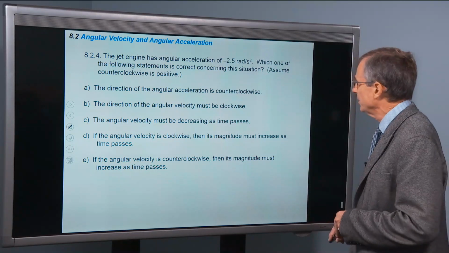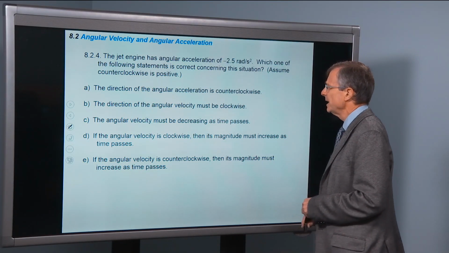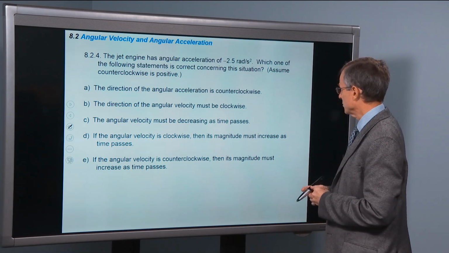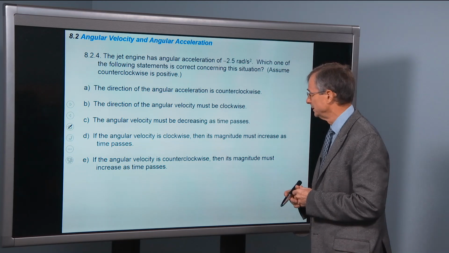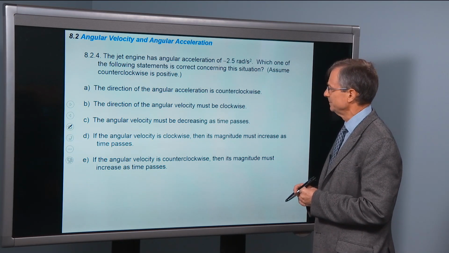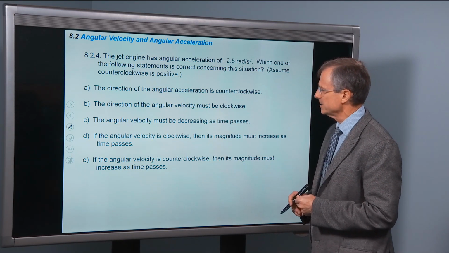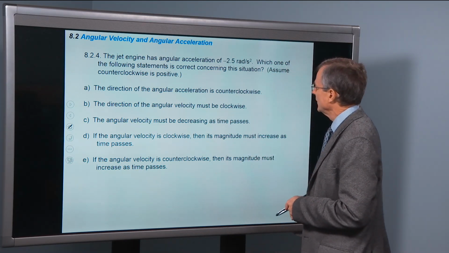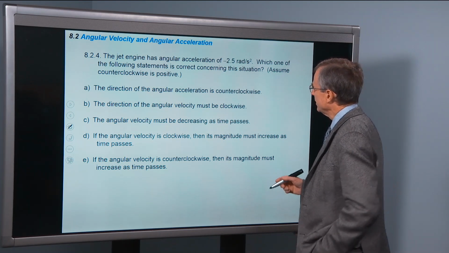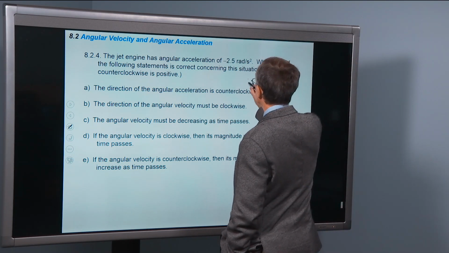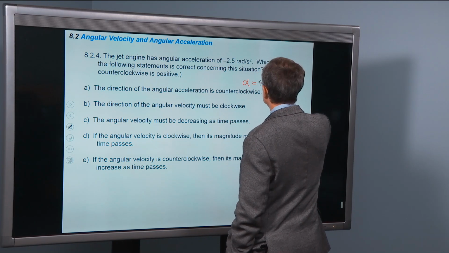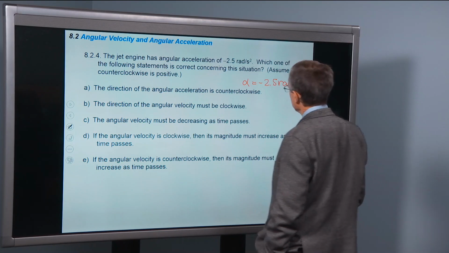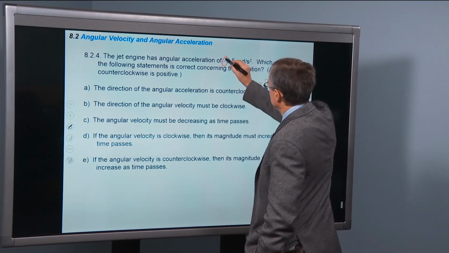All right, another example. A jet engine has angular acceleration of negative 2.5 radians per second squared. Which one of the following statements is correct concerning this situation? Assume that counterclockwise is positive as always. So the angular acceleration is negative 2.5. It's negative.